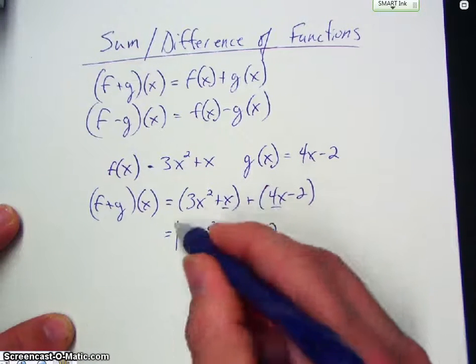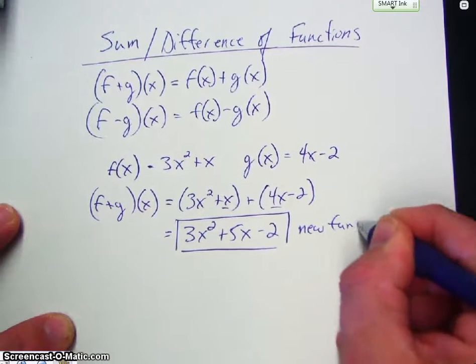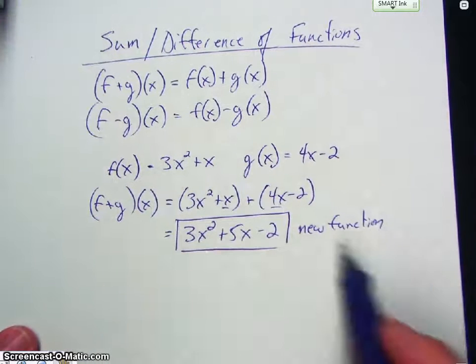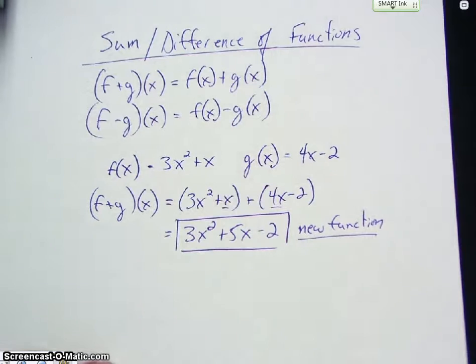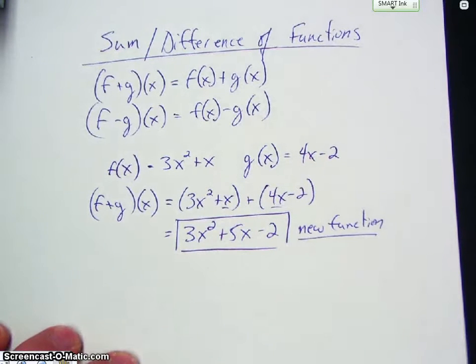So this is a new function. So when you use operations on functions, whether add or subtract, the end result is a whole new function. And each time, you're going to be asked to find the domain.